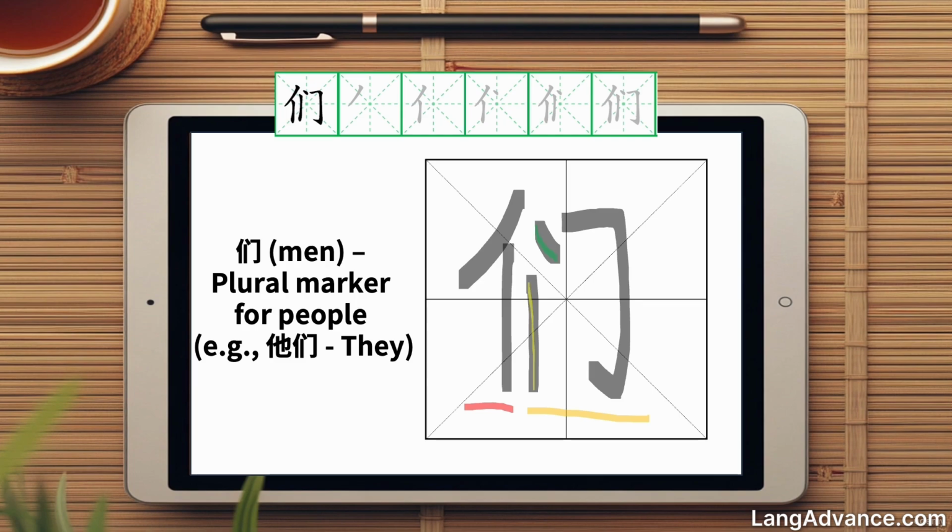And finally, our horizontal stroke and our vertical stroke, and we end off with a hook. Awesome. Let's see how we do that again. 单人旁, a dot, a line, a little curve and a hook at the end. Cool.